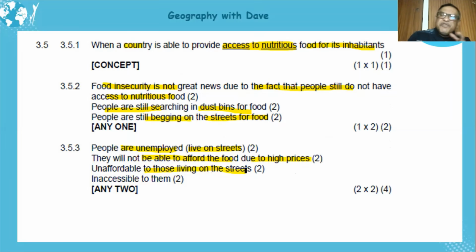Examiners give you the different ways, so don't be scared to answer as long as you answered properly. If you wrote living on the streets, so what? So what if they're living on the streets? It's unaffordable to those living on the streets.